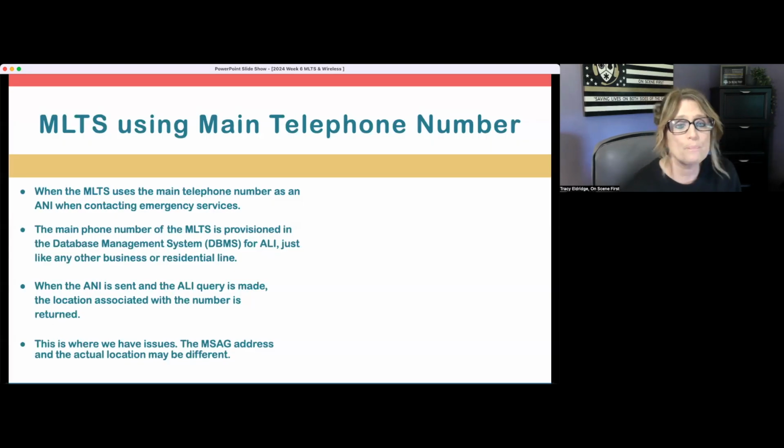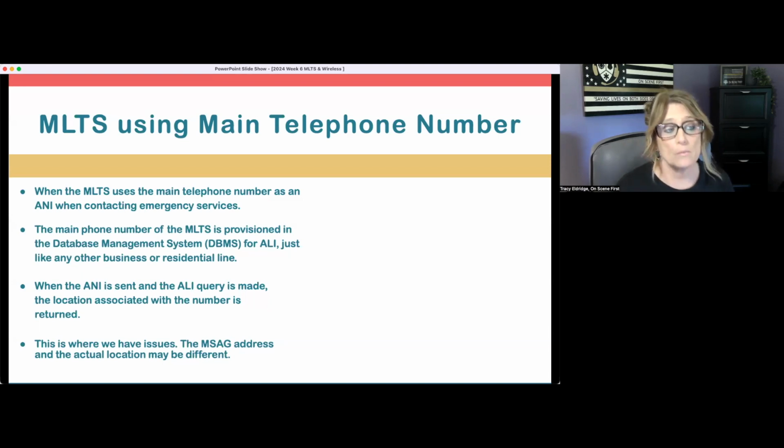So there you go. There are times when an MLTS is using a main phone number, and this is simple. This is just like a regular phone, using one phone number to make a 911 call, and I'm going to show you that graphic in just a second.